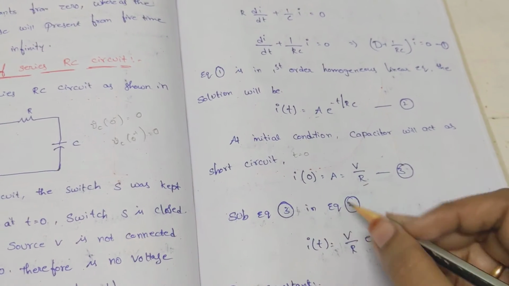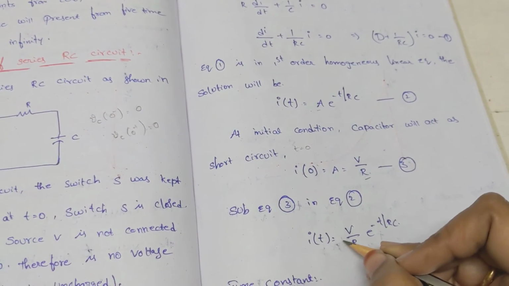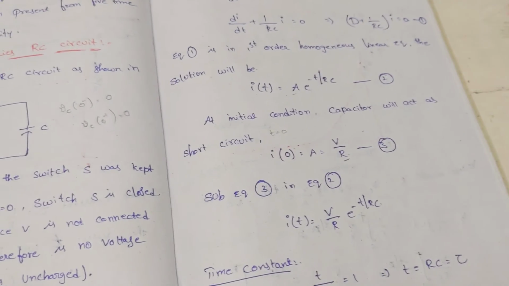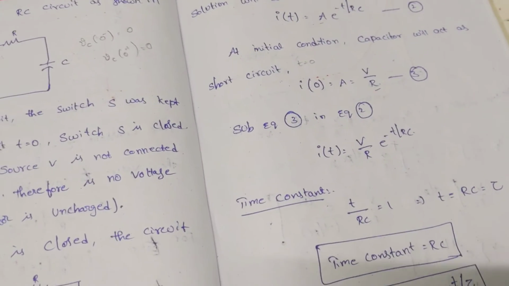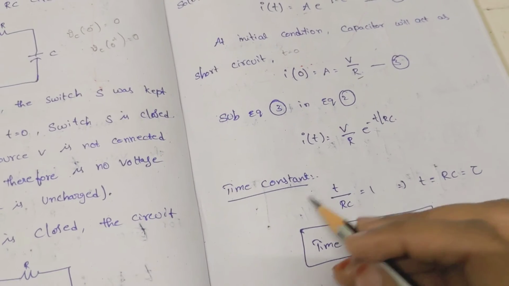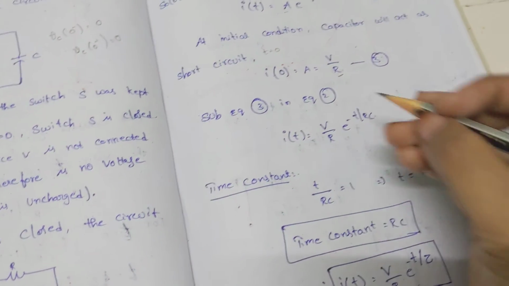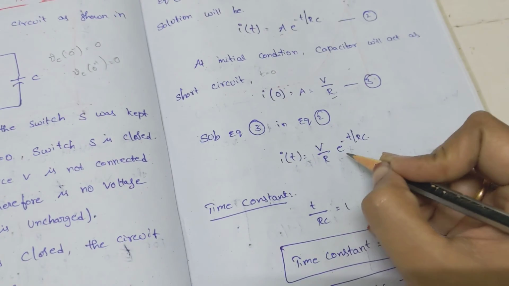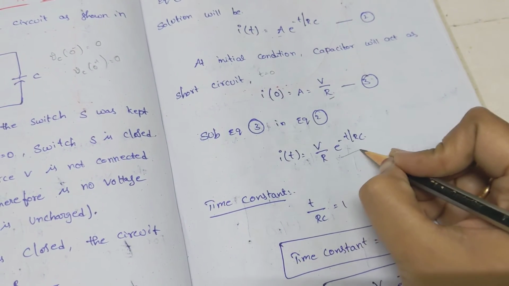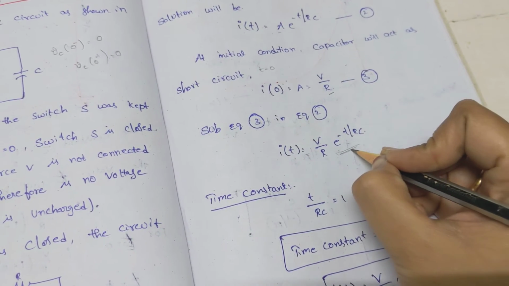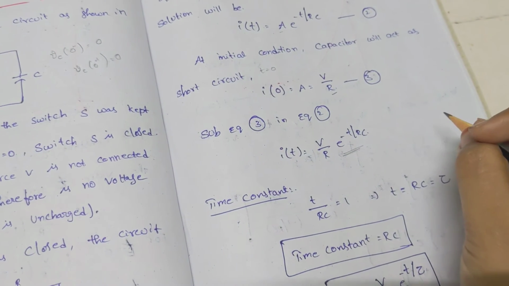So to find the constant, I of t equals V by R into e power minus t by RC. Coming to the time constant, I already stated this point: the time constant is the value at which your exponential quantity equals 1.